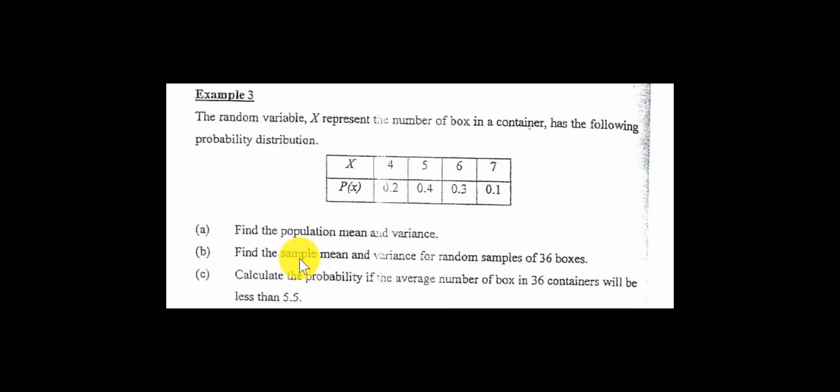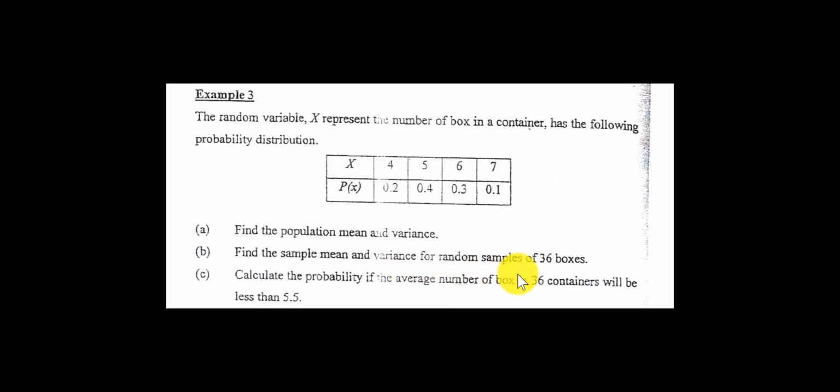From step 1, we can calculate the sample mean, in which your sample mean is equal to your population mean. And for the variance, it is your standard deviation of the population divided by the square root of n.